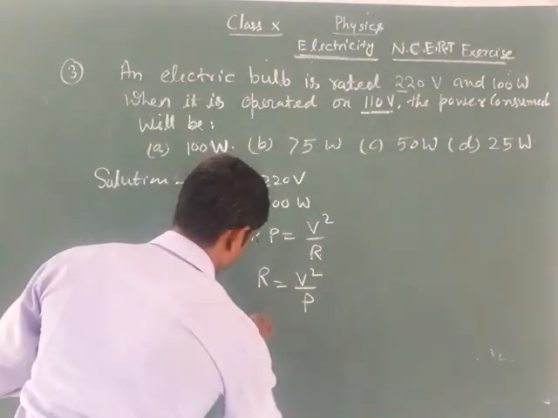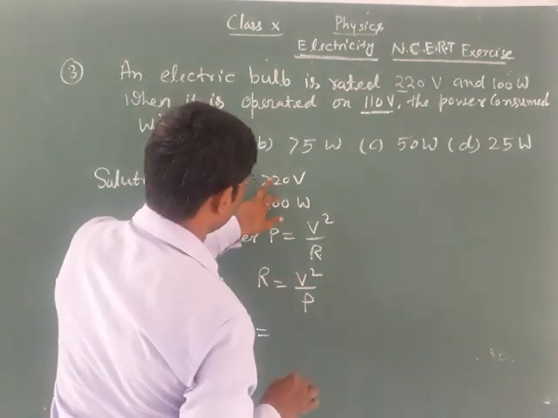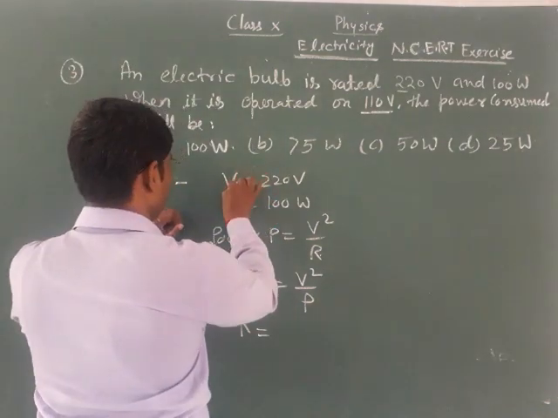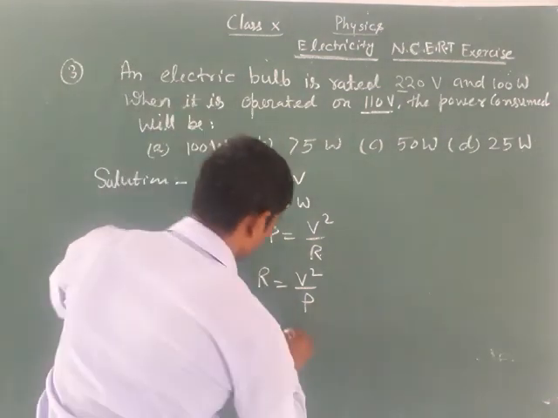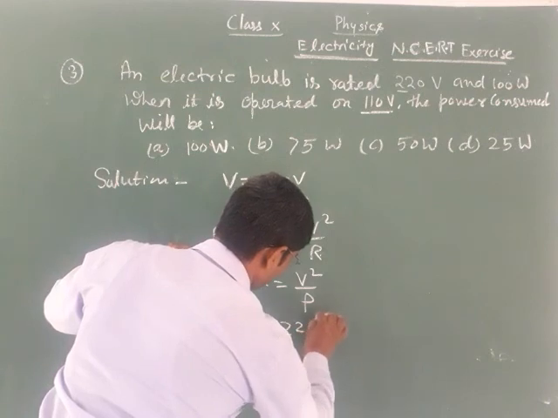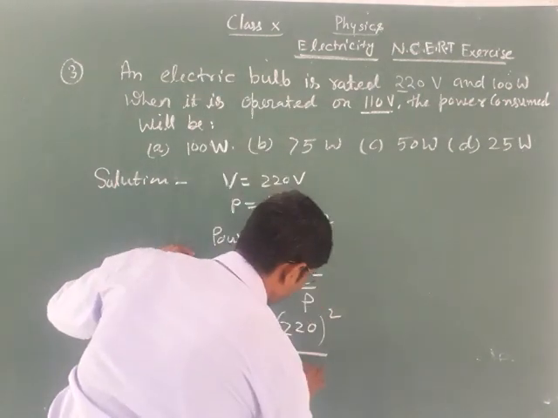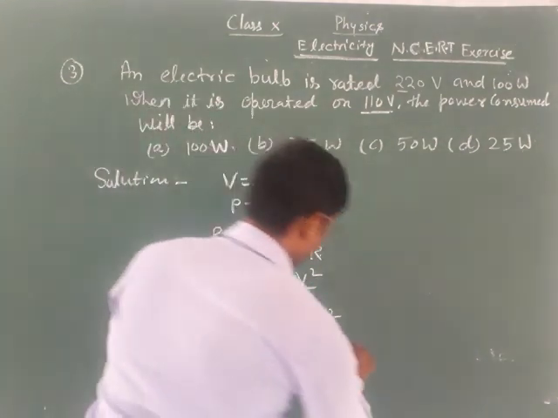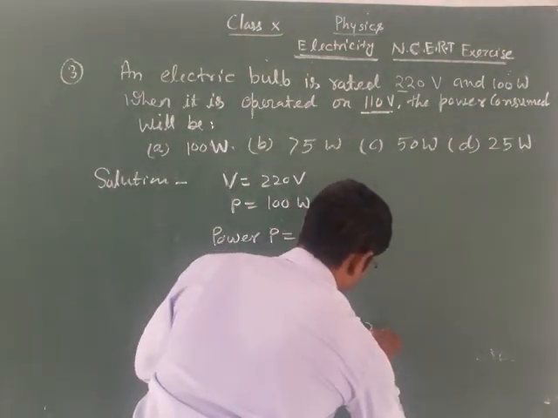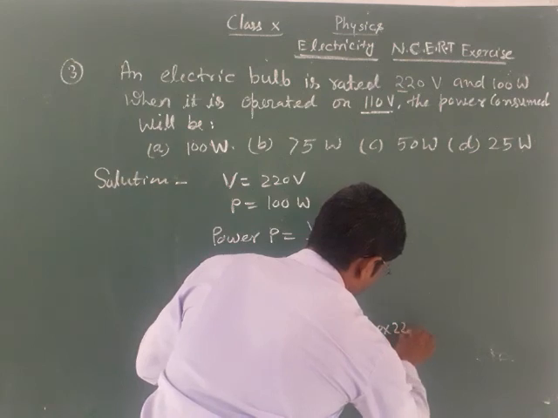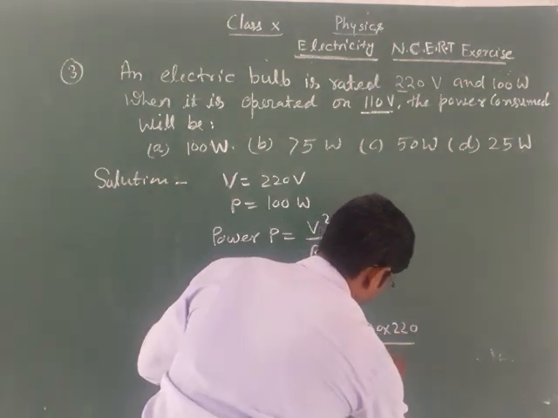So R is equal to V square by P, that is 220 whole square upon P, which is 100 watt. So 220 into 220 divided by 100.